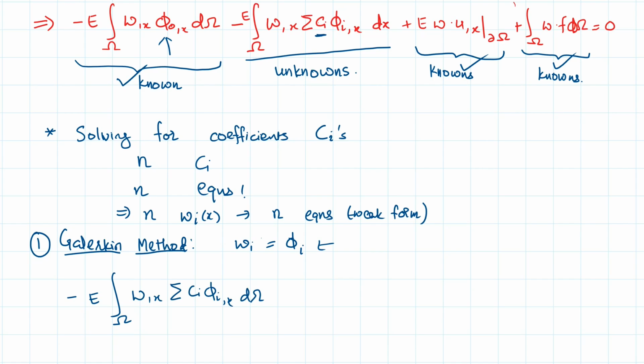Now since we are using the Galerkin method, we can write this as e times the integration of, let's say we consider the first function phi1(x), times the summation ci phi(x), and I'm just going to simplify the domain term as a simple 1D problem and write it as dx.